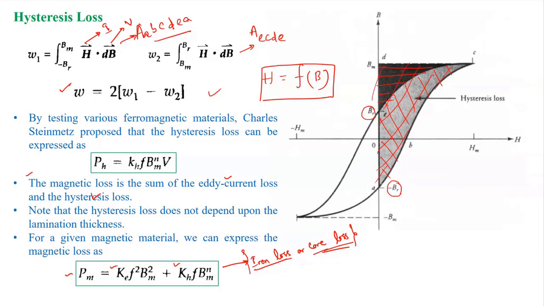Analytically, we can say it is only molecular friction, and this molecular friction depends upon the magnetic field intensity, that is H, and the flux density. So the area covered by this BH curve relates to it.